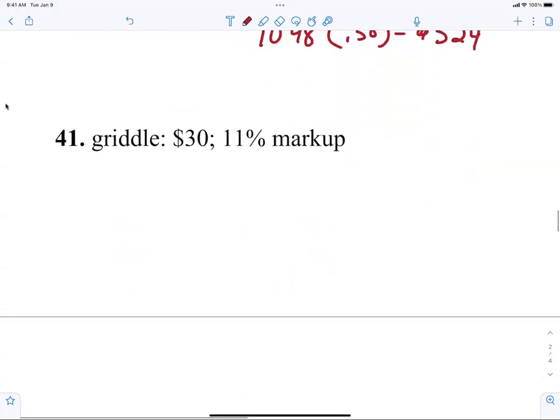So we do 100 plus 11. That is correct. And then times 30. So how would I multiply that? 30 times what? Come on now. 111% is what decimal?